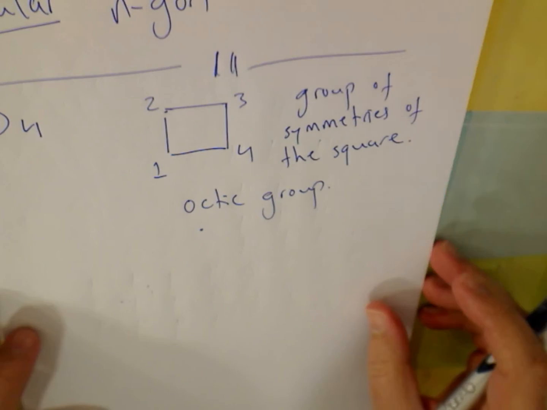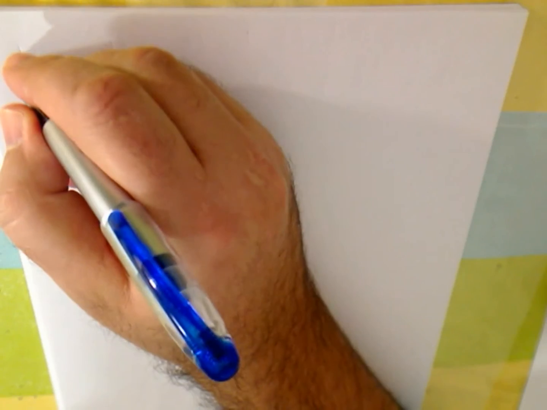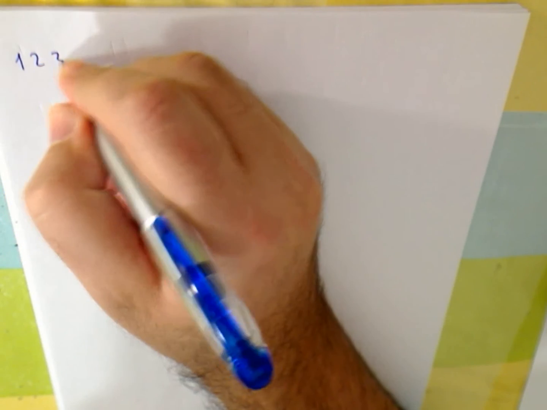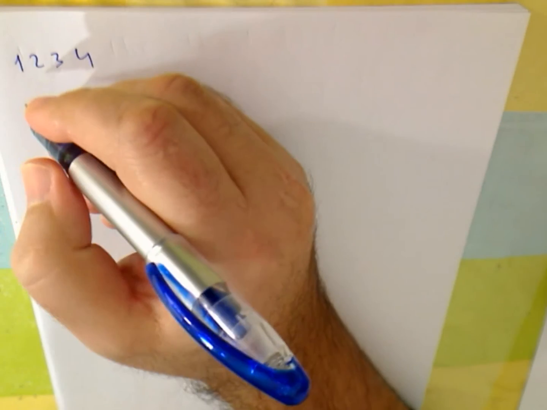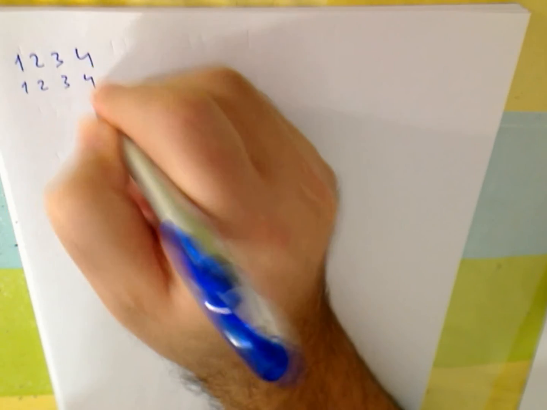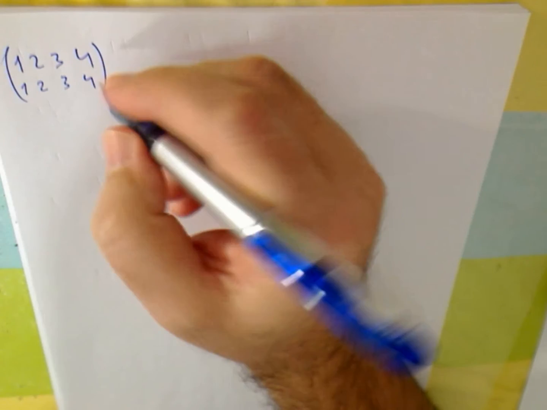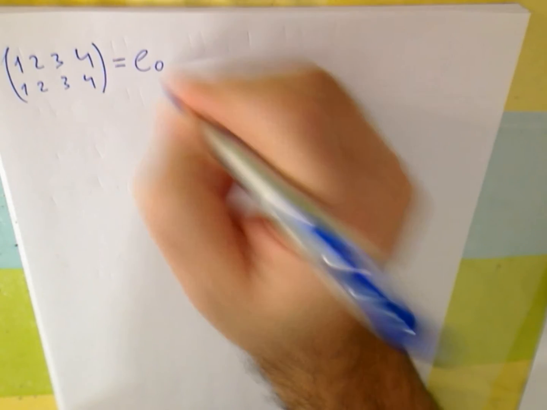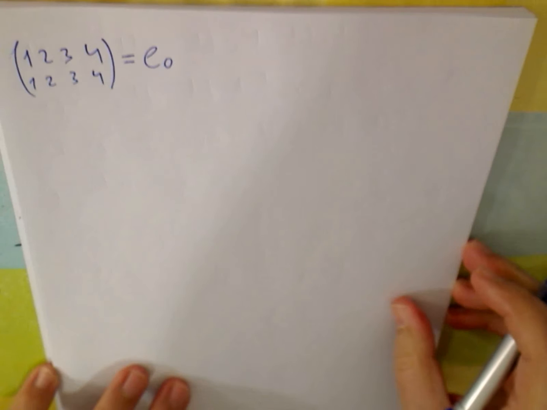So following the same idea as we did for the triangle, now we are going to have 1, 2, 3, 4, and this will be the identity. I'm going to call it 0.